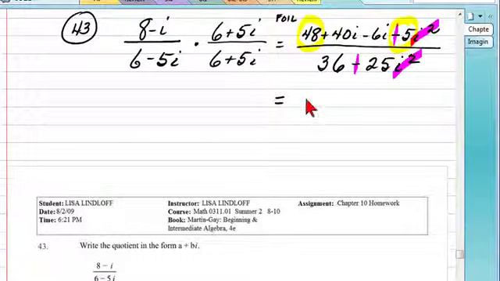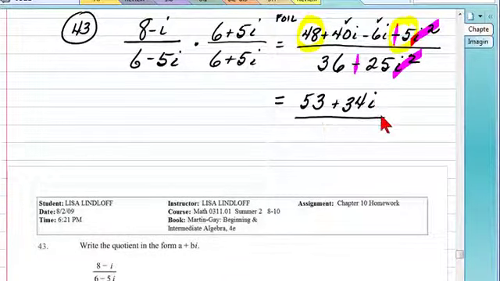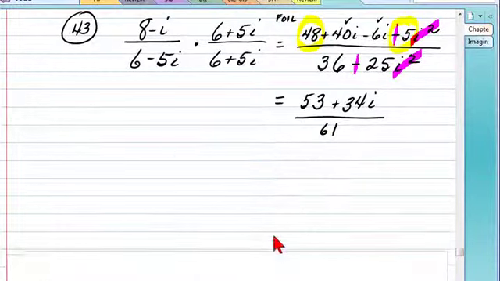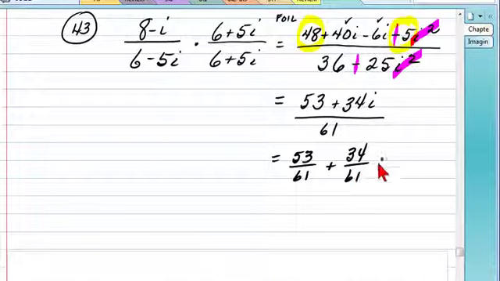Okay, so that's going to be 53. Then I have 40i minus 6i, which is 34i. And that is over 61. And how will my MyMathLab want the answer written? 53 over 61 plus 34 over 61i.